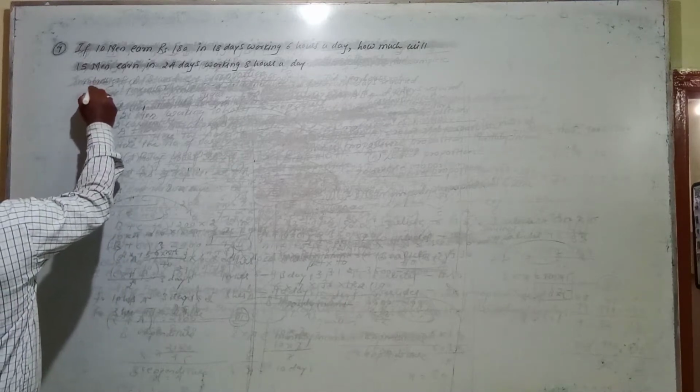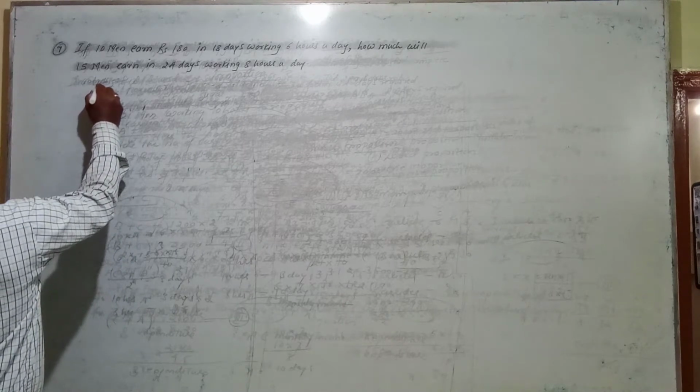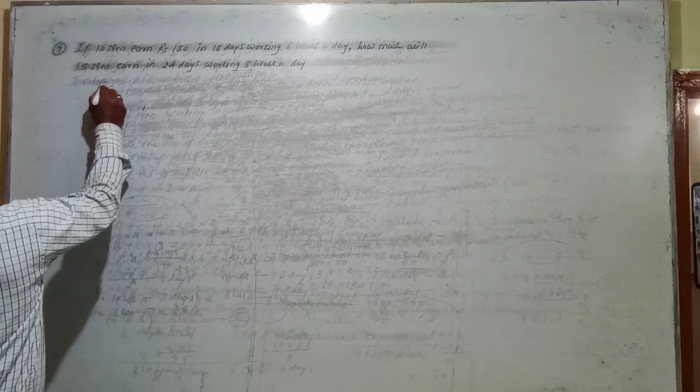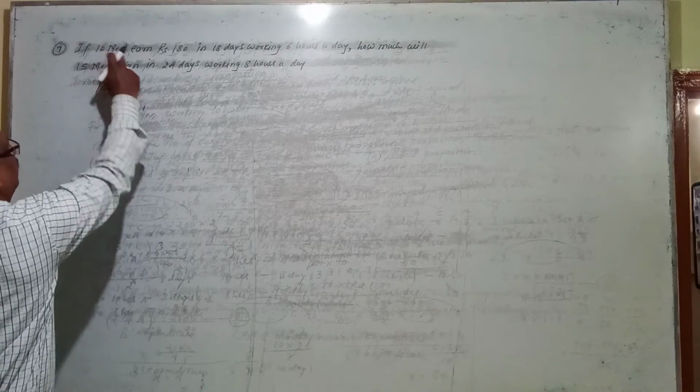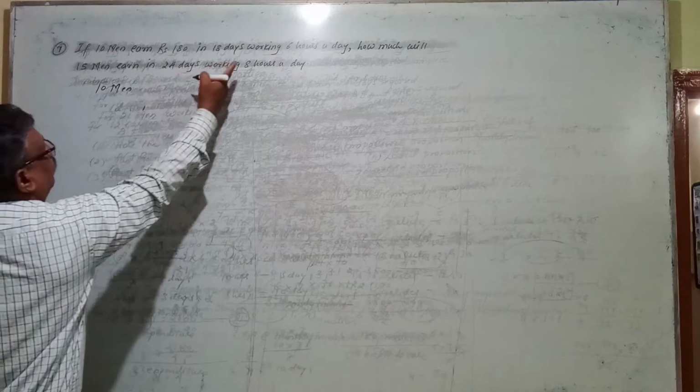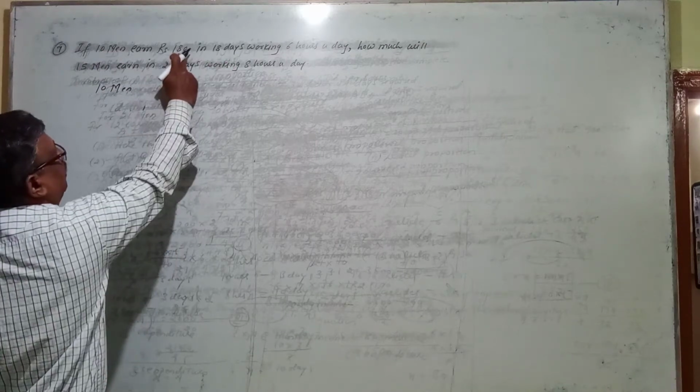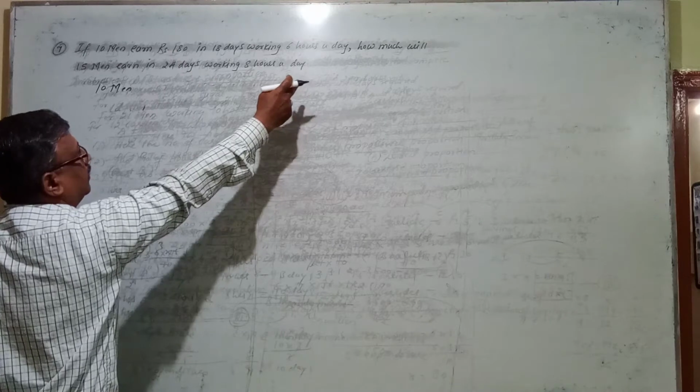So how do you put the equation? If 10 men working how many hours? Because they have asked for earning, this earning we have to write at the end.